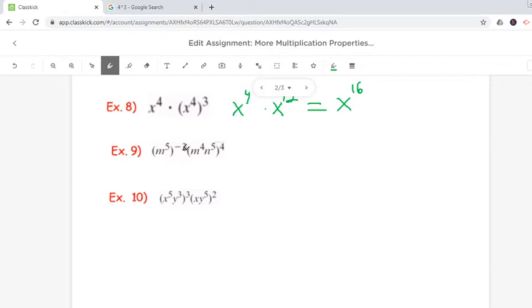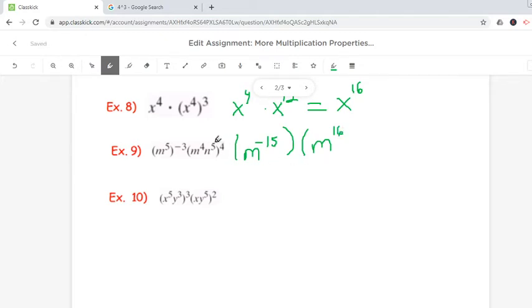Okay, we have exponents outside the parentheses. So we multiply. So 5 times negative 3, negative 15. Good. And then we have 4 outside, so we have our m. 4 times 4 is 16.